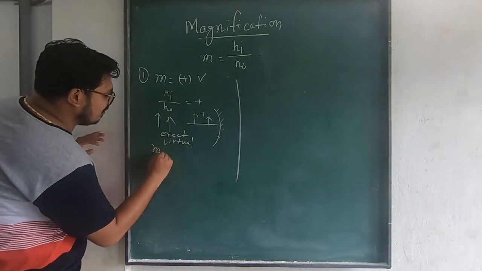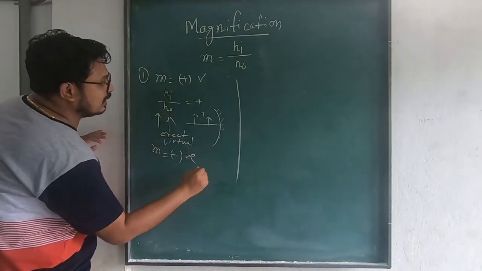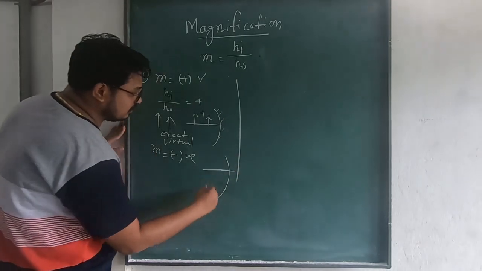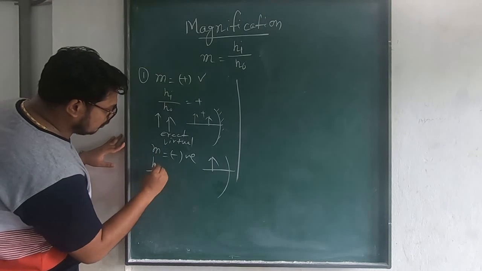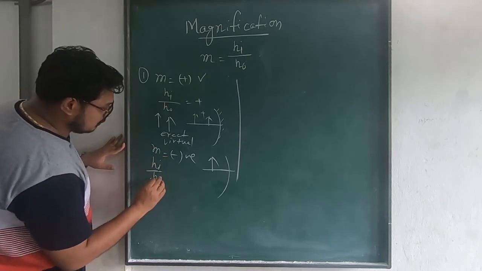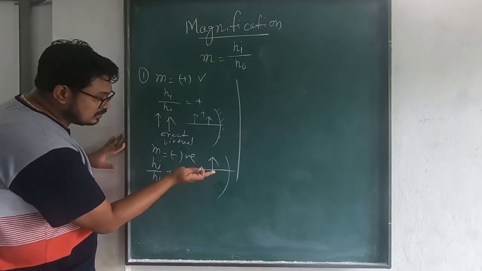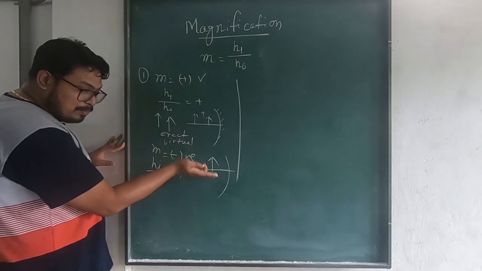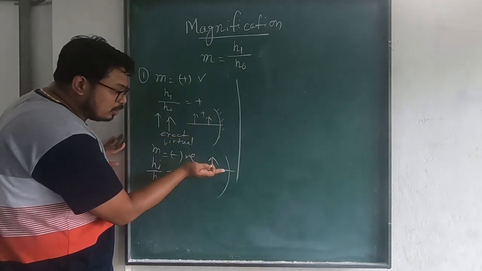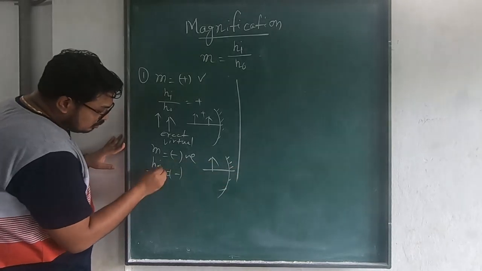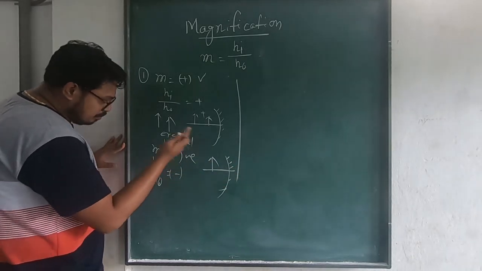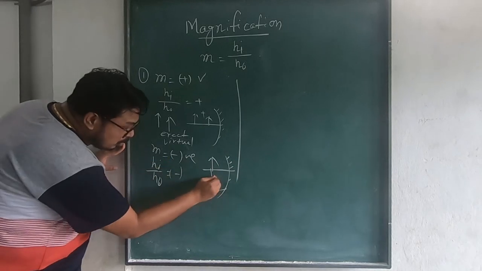Now what will happen if m is negative? If m is negative, in that case the height of image by height of object is negative. In that case, the object will be above your principal axis and the image will be below.